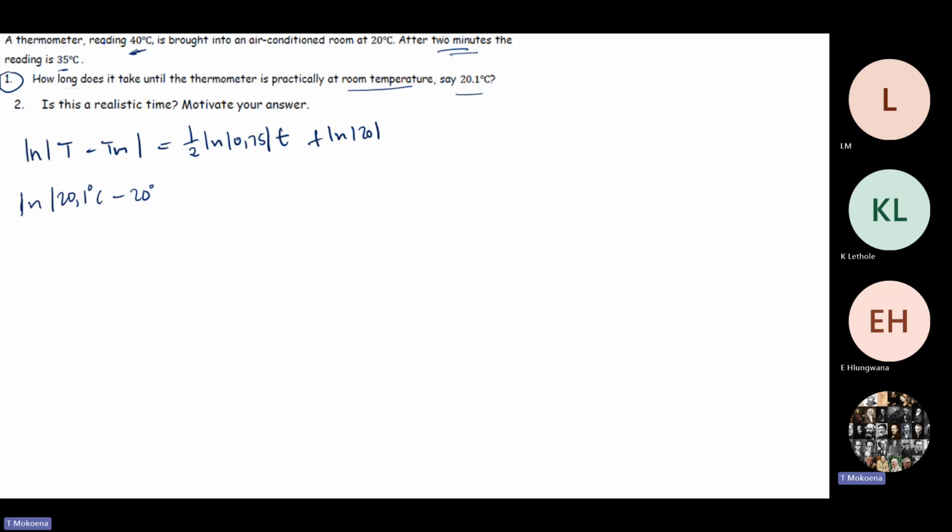And we know that ln 0 is undefined. That's why they say 20.1. It is equal to 1/2 ln of 0.75, we are looking for T, plus ln of 20.